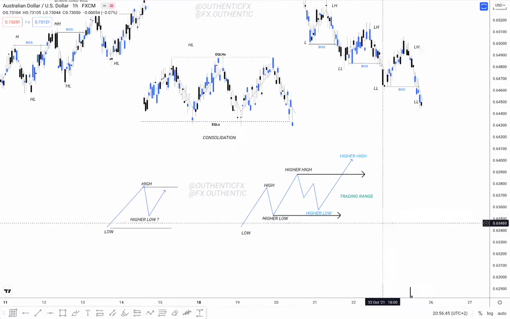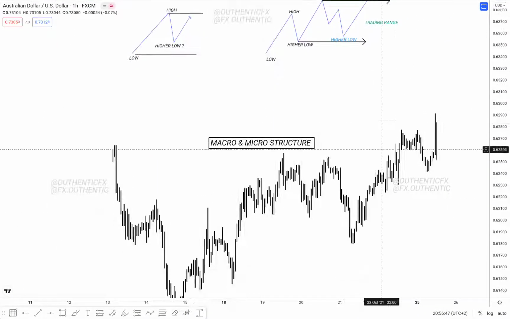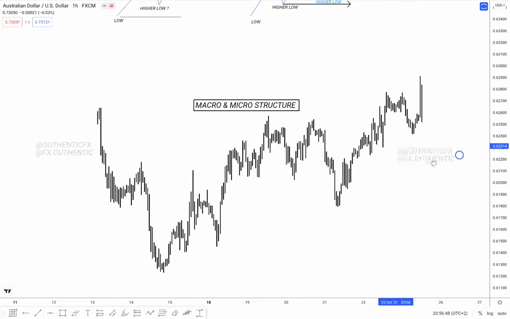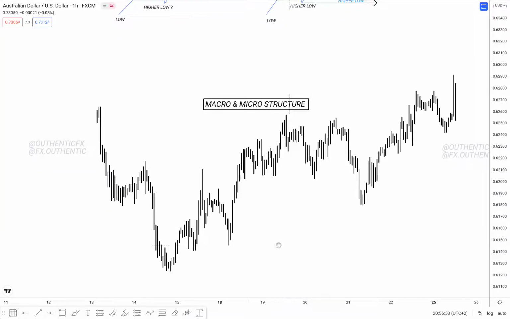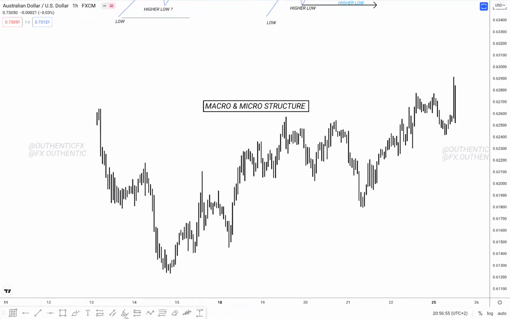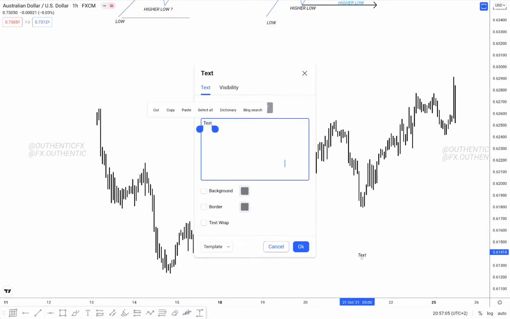So let's get into micro and macro structure so that we can see how we need to use this against retail traders and how we will benefit based off the market, right? So macro structure, let's write down some notes.